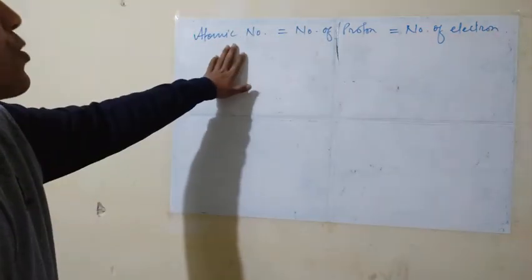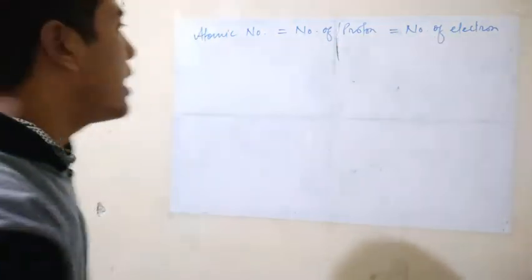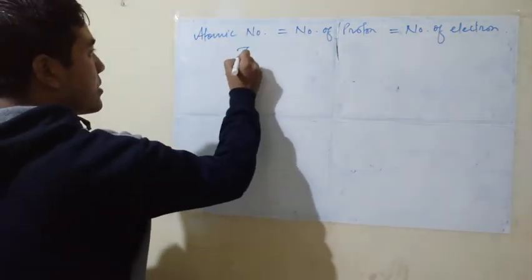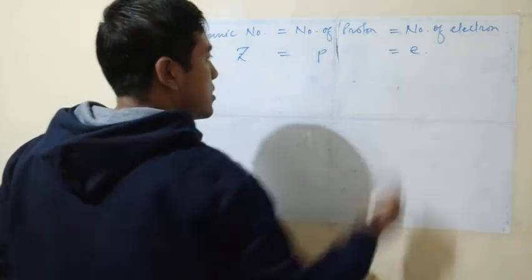Don't forget, atomic number is equal to number of protons is equal to number of electrons. Atomic number is indicated by capital letter Z, so Z is equal to P is equal to E.